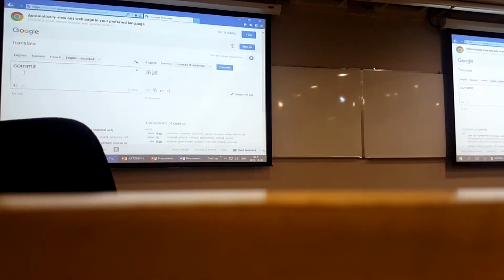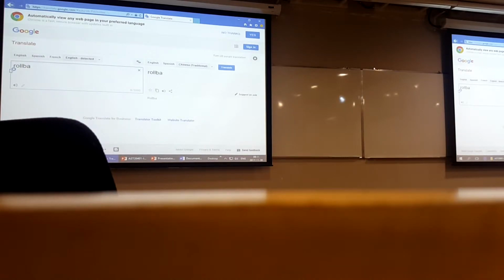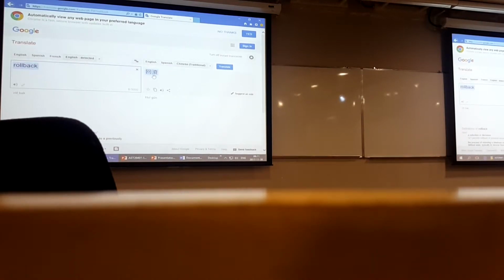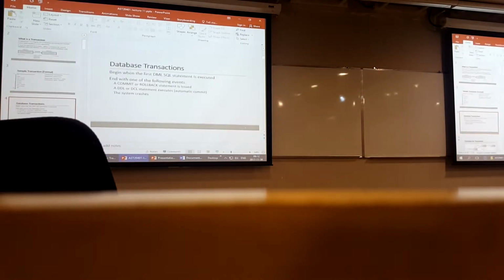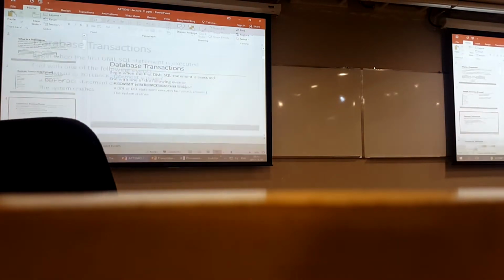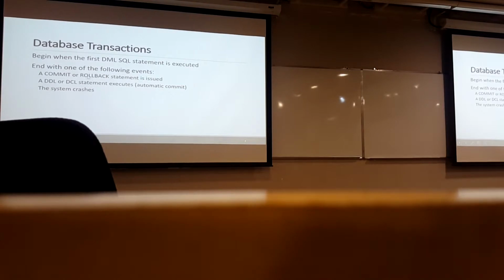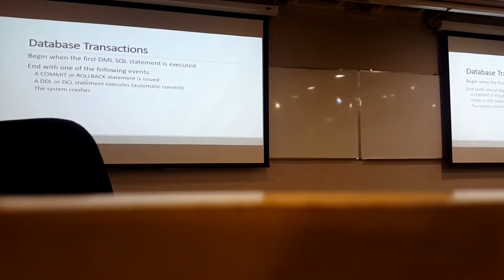Rollback 即係回復，rollback means undo. So we have commit and we have rollback for a transaction. You either commit everything that you have done, or you roll back to the very beginning status.